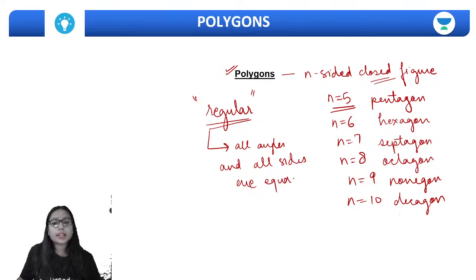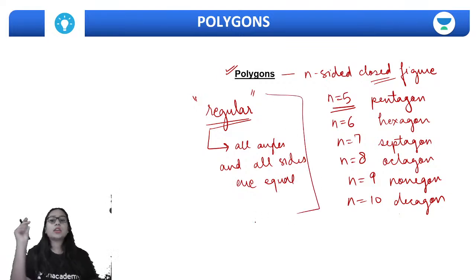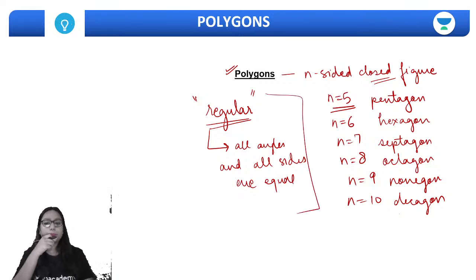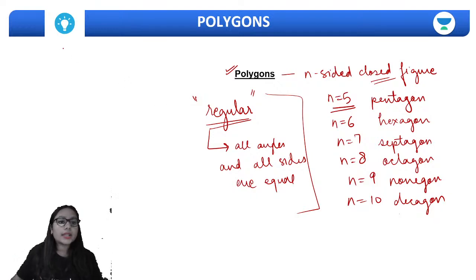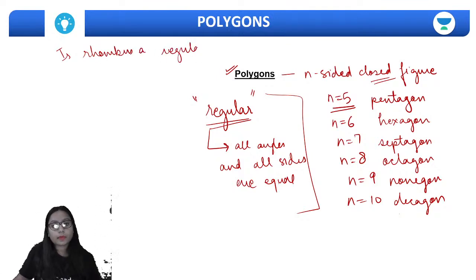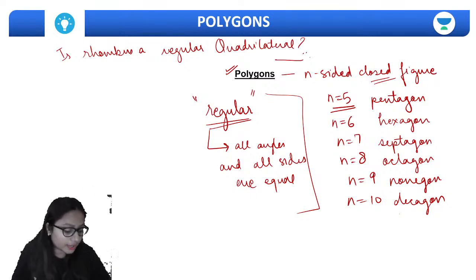In a regular polygon, all angles and all sides are equal. So now can you tell me, is a rhombus a regular quadrilateral? Think and tell.